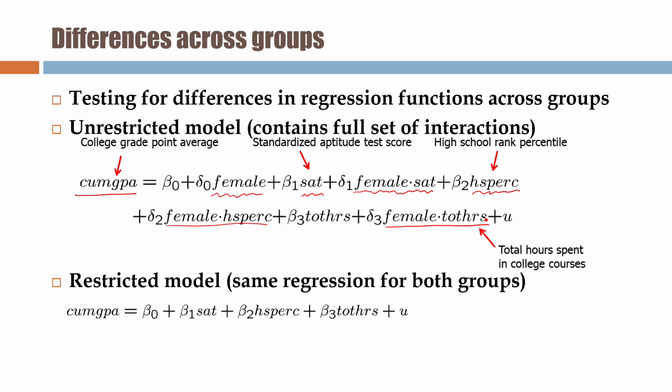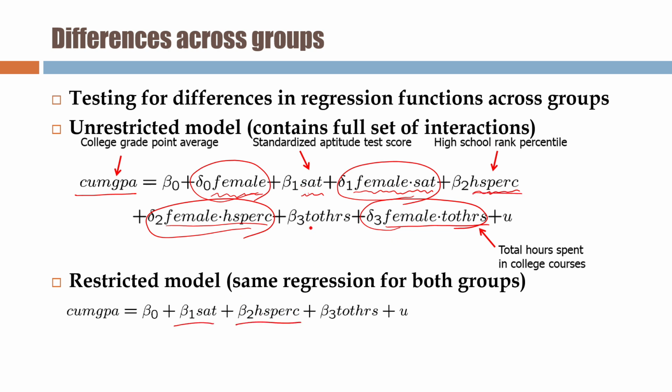And the restricted model is where we take out all the female related terms. So this is a female related term, and female related term, and female related term. The only leftover is the SAT, high school rank, and also, I don't know what it is, total hours spent. Right?